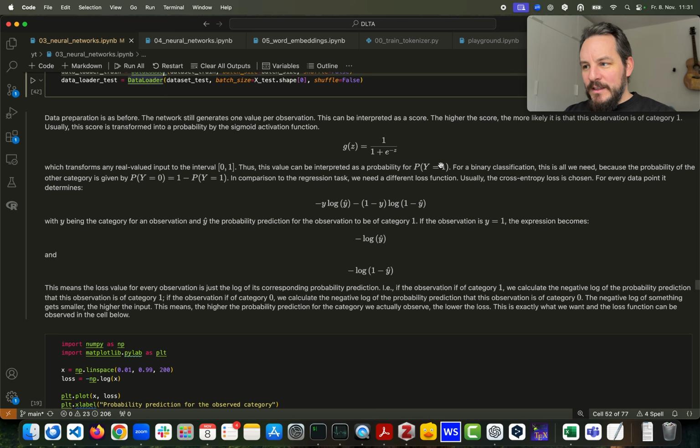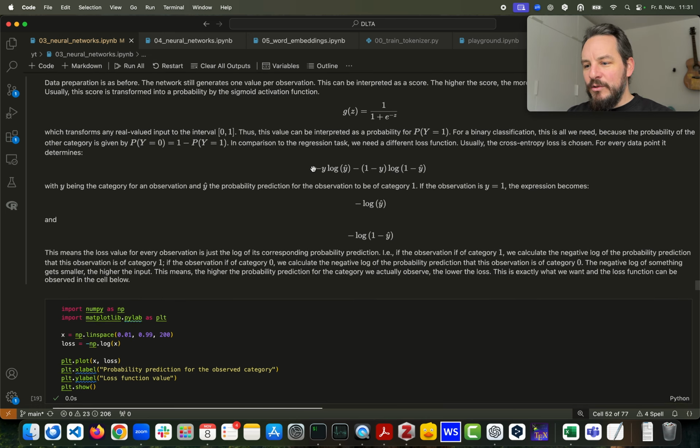However, in this context, we need to adjust this. And the way we adjust this is that we use this loss function that you can see here for every data point, for every observation. So y would be either 1 or 0, and y hat is here the probability prediction, so g of z, basically.